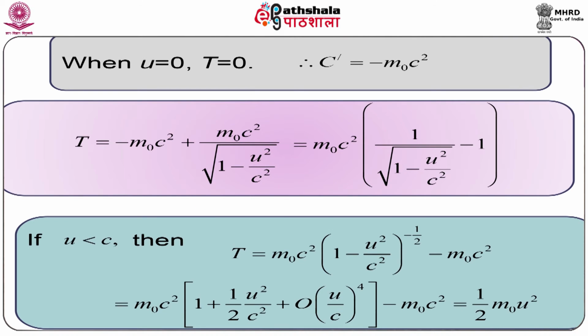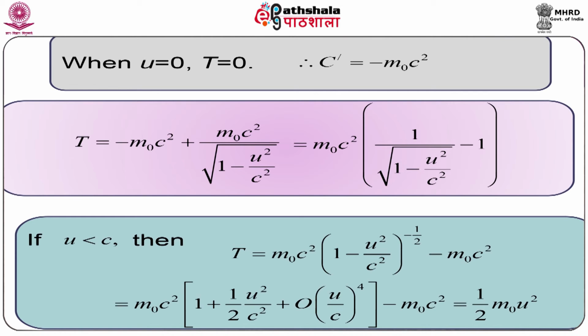Let us consider the case when u is less than c. Then kinetic energy T can be written in this form: T equal to m0 c square times 1 divided by square root of 1 minus u square by c square, which can be written as 1 minus u square by c square whole to the power minus half, and multiplying minus 1 with m0 c square we get minus m0 c square.